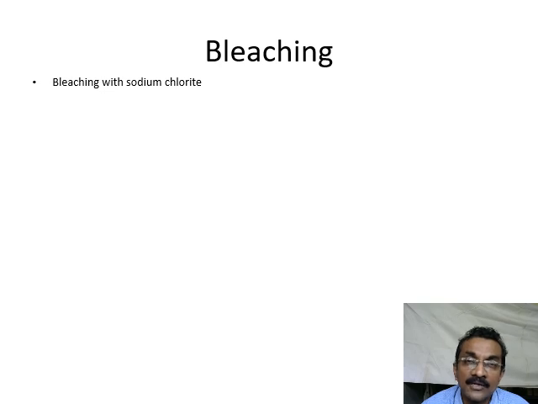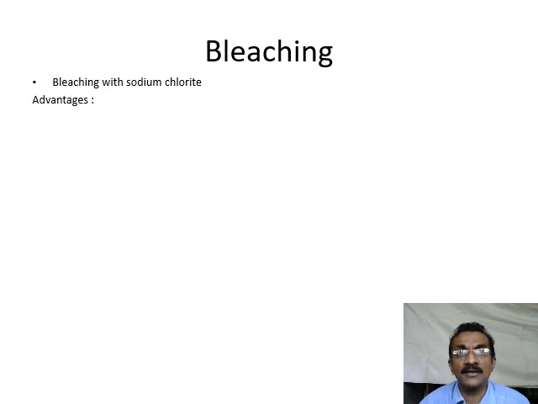So whenever cotton is blended with synthetic fibers, only if the synthetic fiber content in the fabric is more than 50, 60, 70%, then this method is used. Otherwise, for 100% cotton, this process is not common.